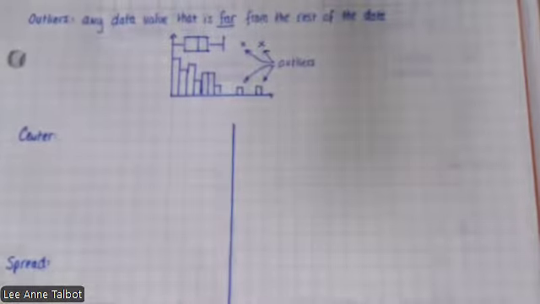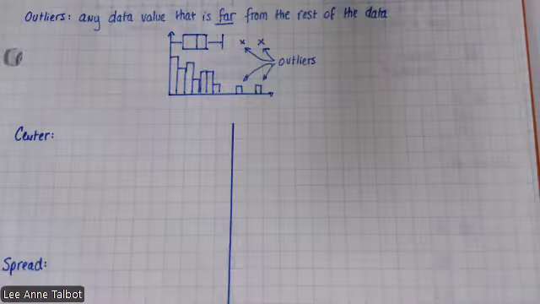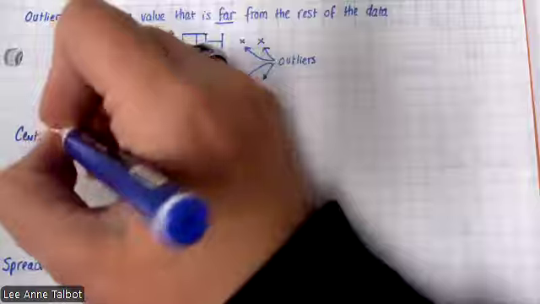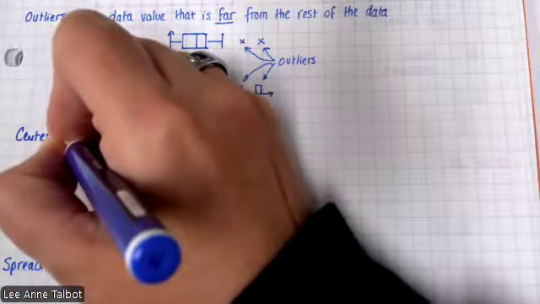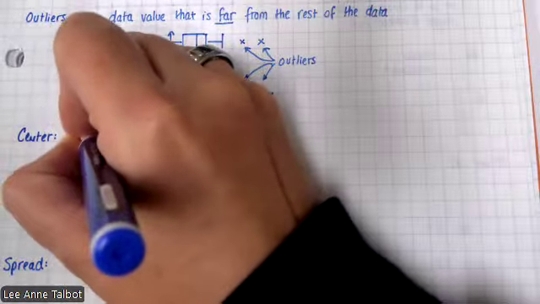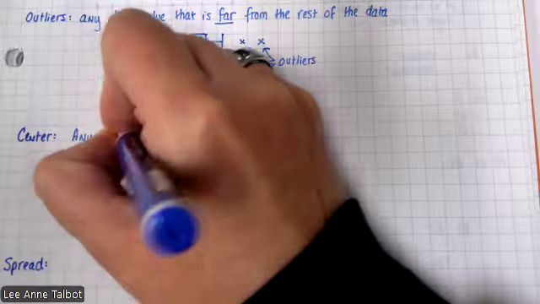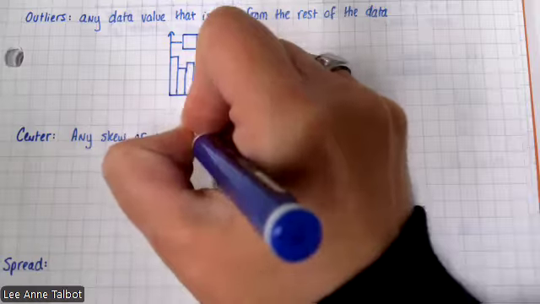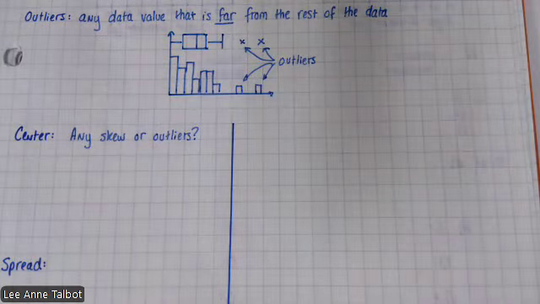Now, center. We talked about this in yesterday's lesson. So we're going to ask a question in center: any skew or outliers?